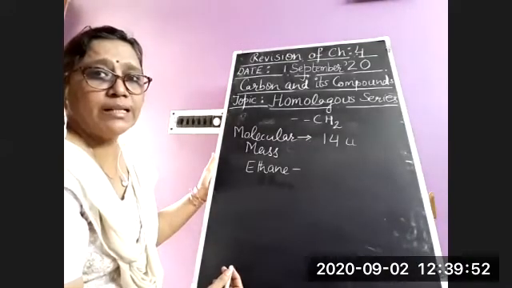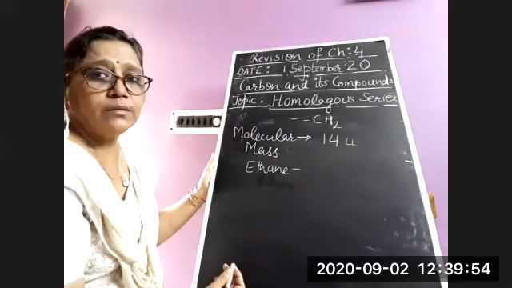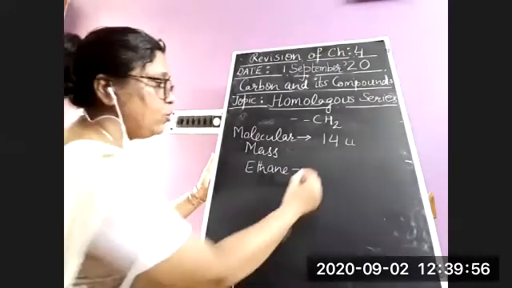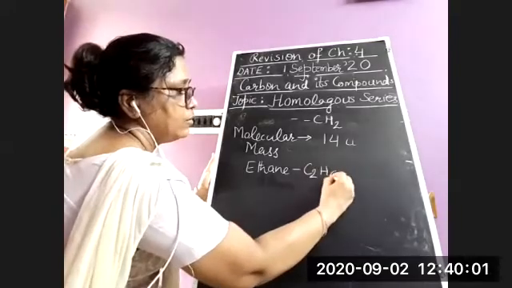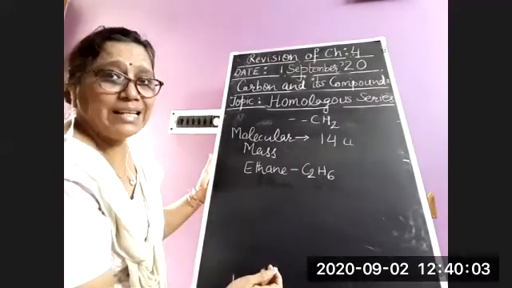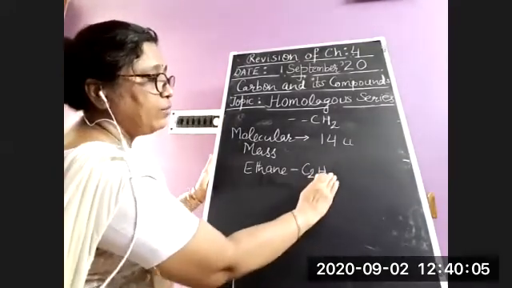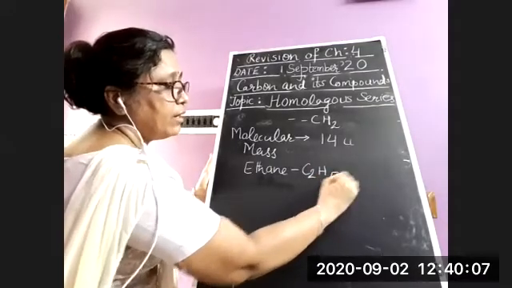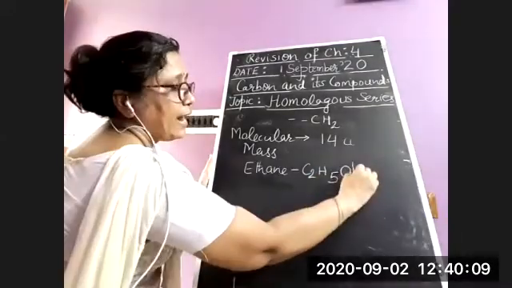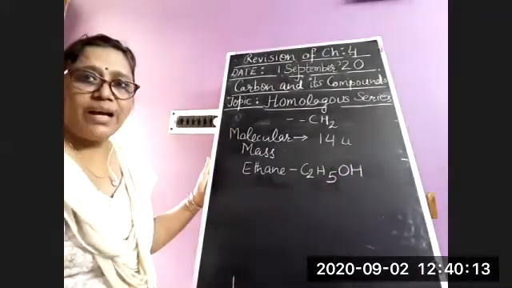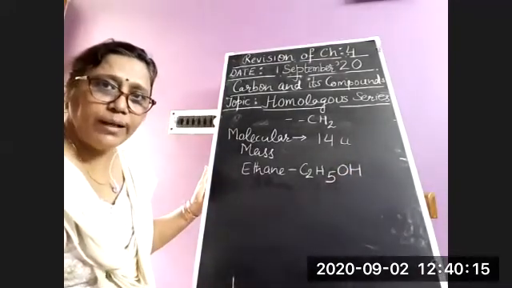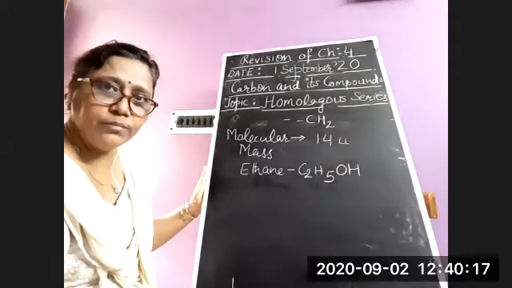C2H6. Very good. So as I told you, if I remove one hydrogen atom, it will be C2H5, and alcohol is attached as the functional group, so it will be C2H5OH. Agree?